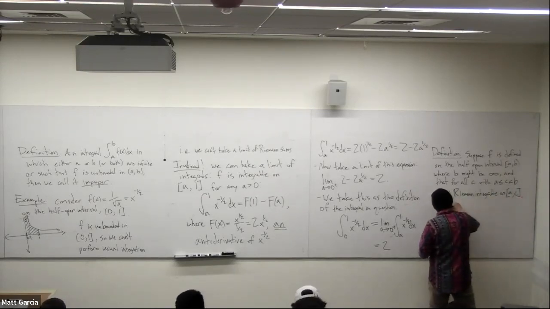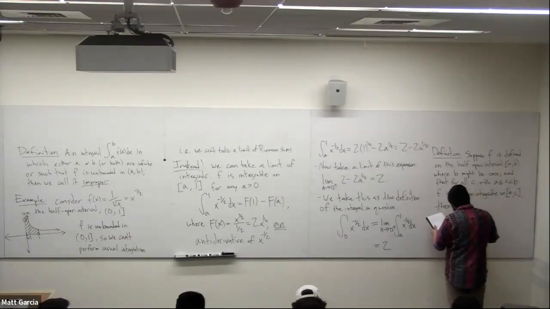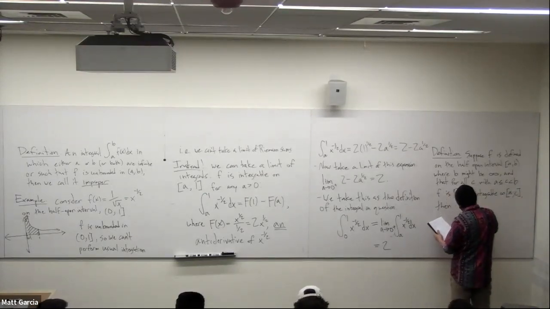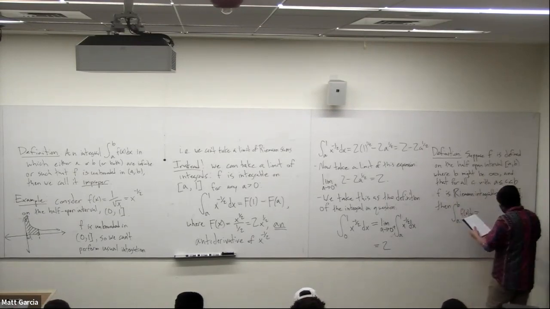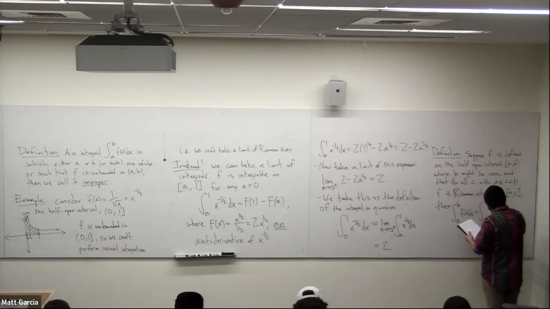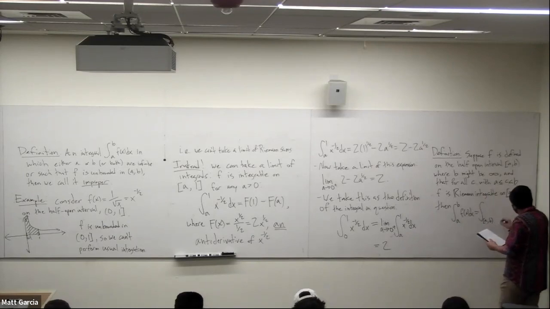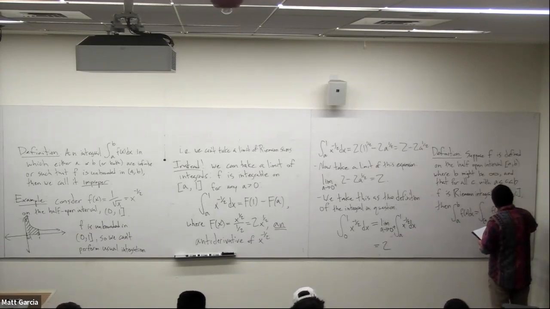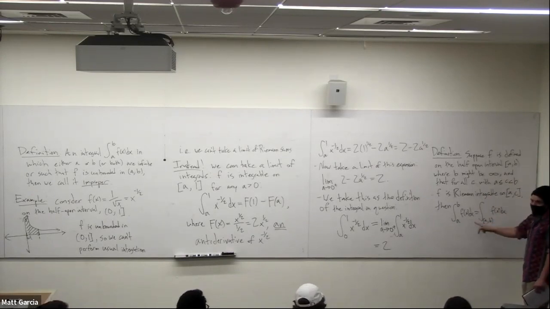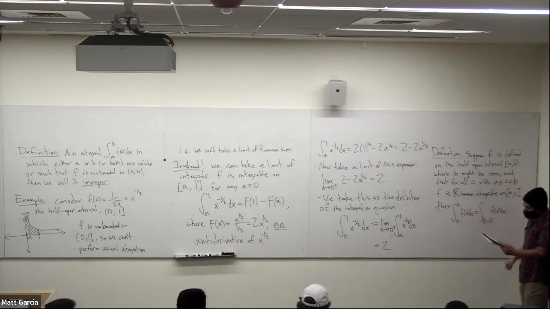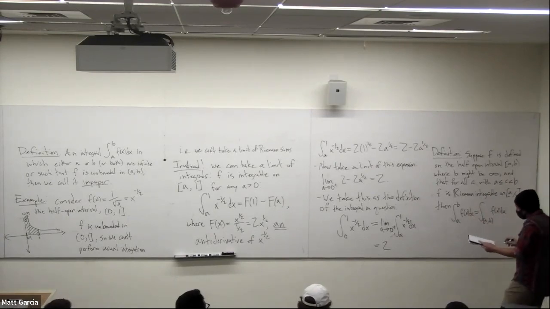Then what can we say? The integral from a to b of f of x dx, which we will also sometimes see written as the integral on the half open interval [a, b) of f of x dx, is just the same concept with different notation.